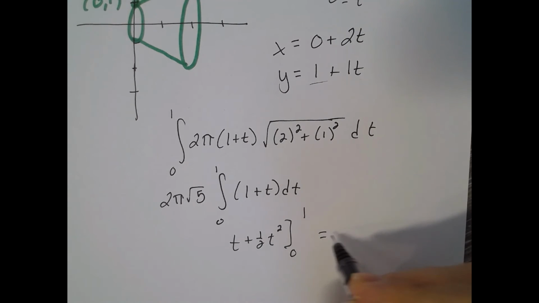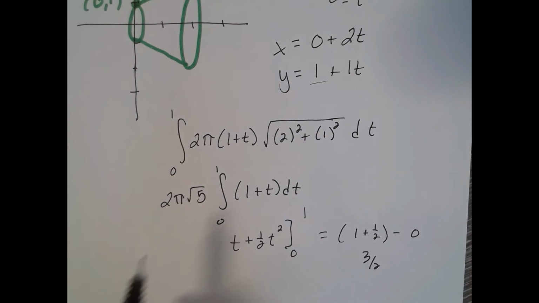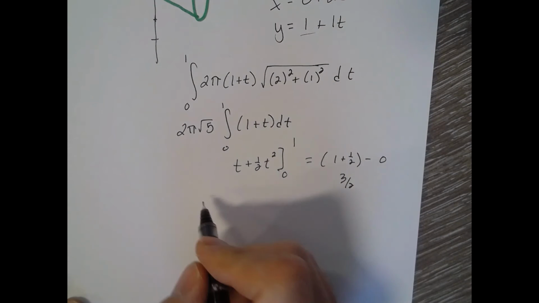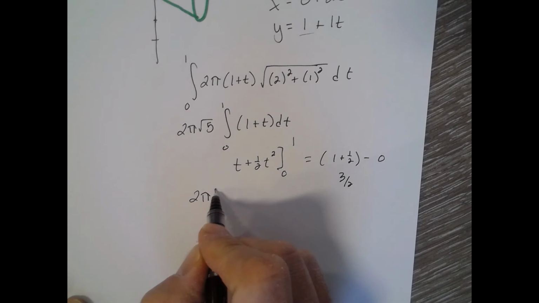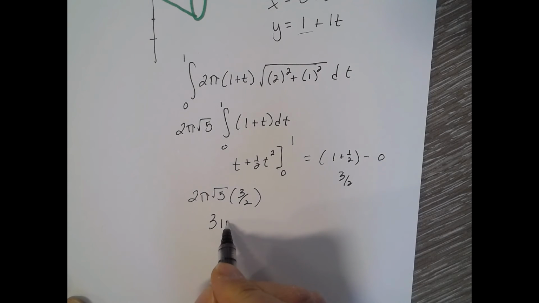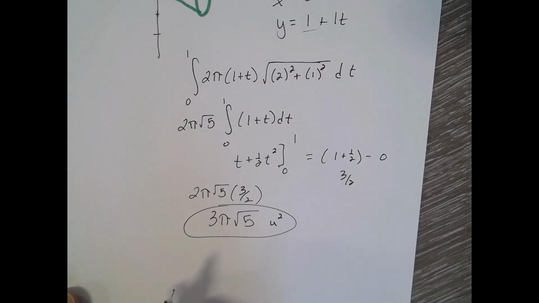Gives us 1 plus 1/2 minus 0, so I get 3/2, and still times the 2 pi square root of 5. So 2 pi square root of 5 times 3/2 gives us 3 pi square root of 5 units squared for our surface area.